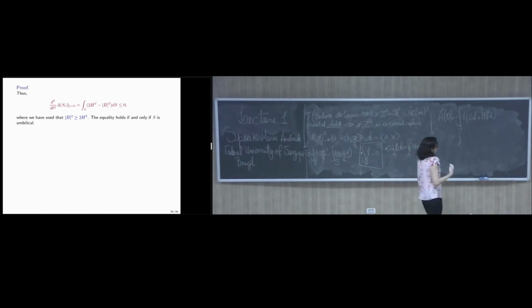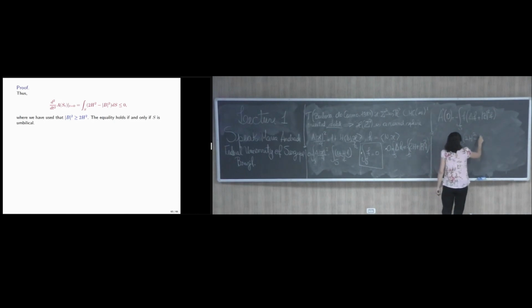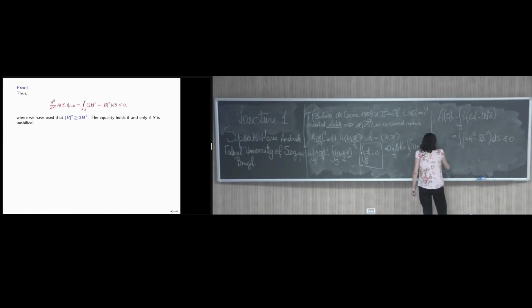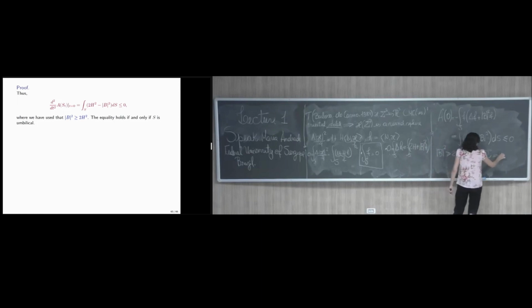What does this expression give me? One minute to write here. This expression says that I have this less than or equal to 0, but you know that this expression is bigger than 2 times the mean curvature squared, and the equality occurs if and only if the surface is umbilical.